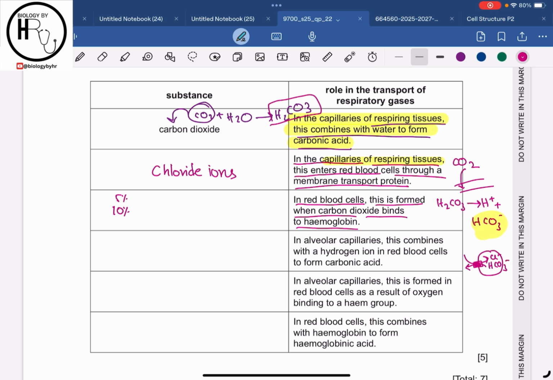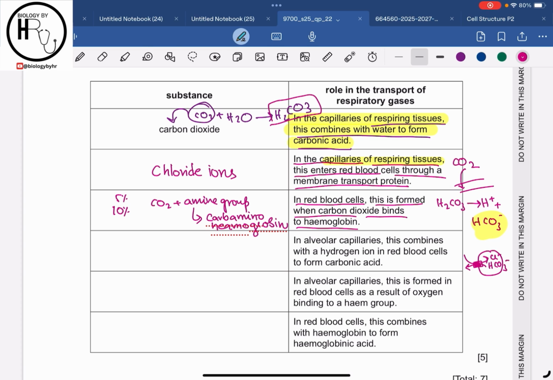So when the carbon dioxide combines with the amine group at the end terminal of the polypeptide chains of the hemoglobin, it forms the carbaminohemoglobin.